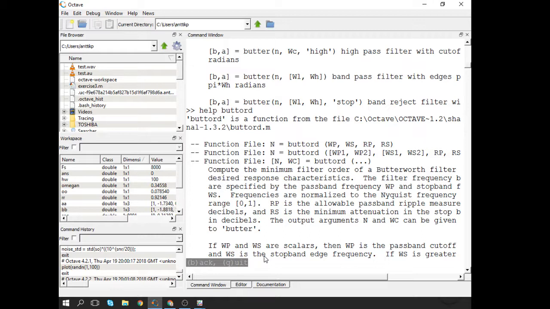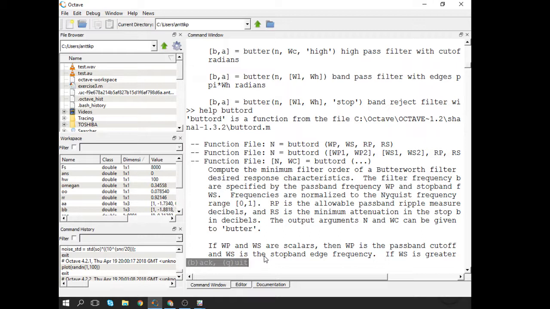Same here, WS is the FS divided by Nyquist frequency. What else? Then the RP -3 dB, and then how much attenuation you want.